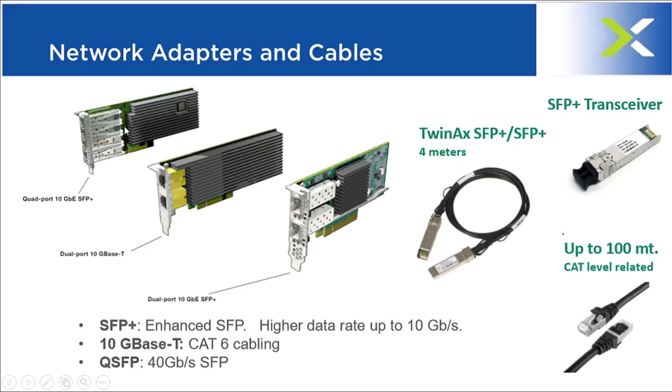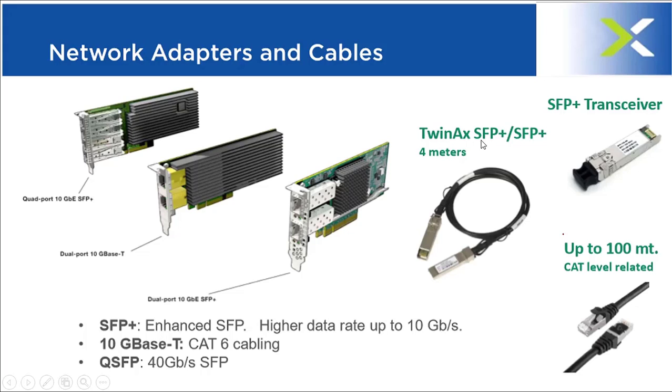We call the one that has 4 ports quad port, and dual port means 2 ports. The same if we have the Ethernet one with quad port, but the famous one is always with SFP technology. You can find these 2 network adapters together in one node, or you can find only one, or you can find these 2 together, the Ethernet and the SFP+ port network adapters.